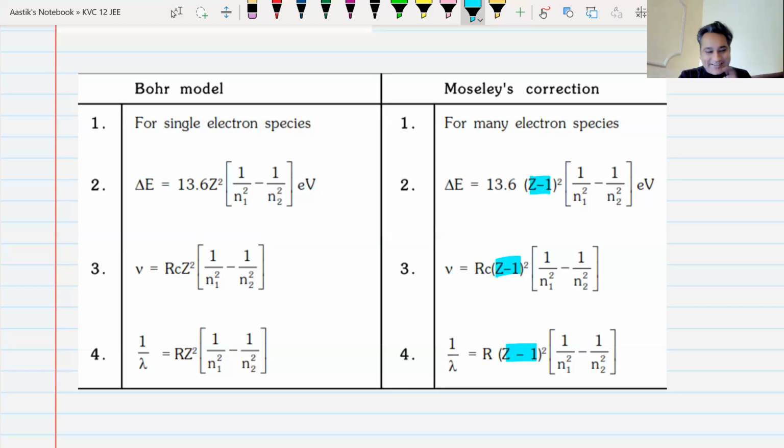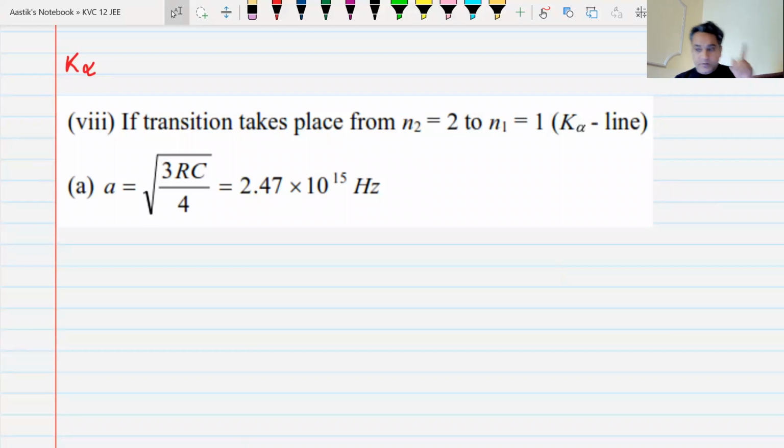Good. From L to K. And if it is from L to K, you can write the value of A. Remember, for all K series, the value of B is 1. So this is the value of A for your K alpha series. Remember the formula of A?